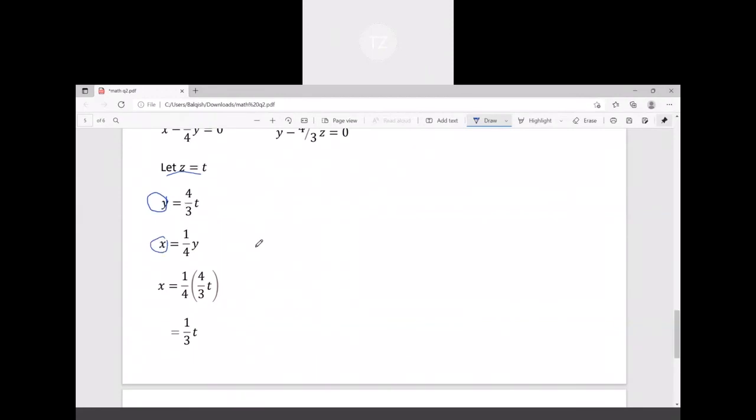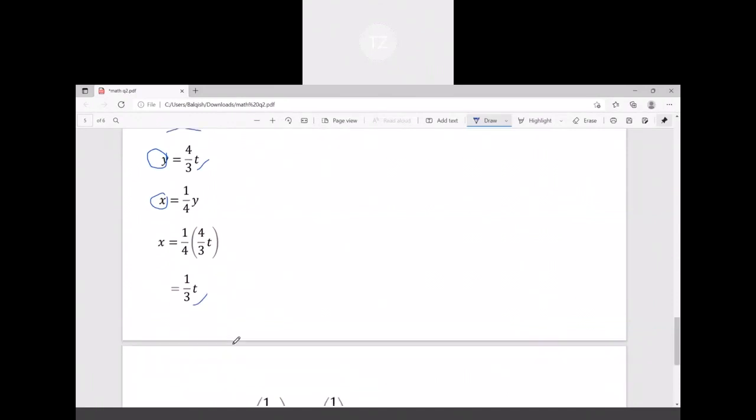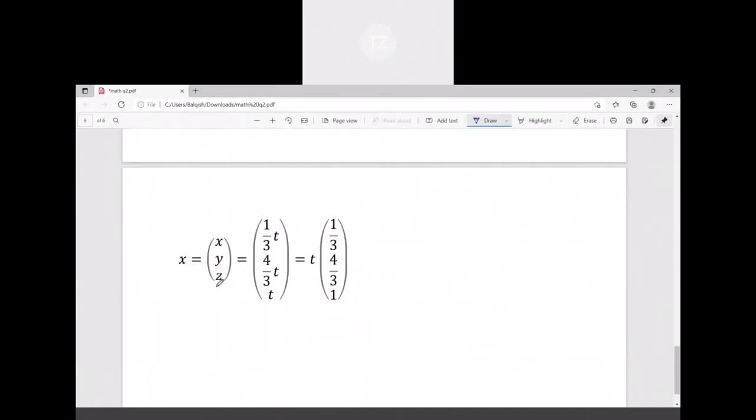So we obtain y equal to 4/3t and then x equal to 1/3t. Next, we have to write x, y, z in terms of t. So we can conclude that the eigenvector for the largest eigenvalue is 1/3, 4/3, and 1. And that's all from us. Thank you.